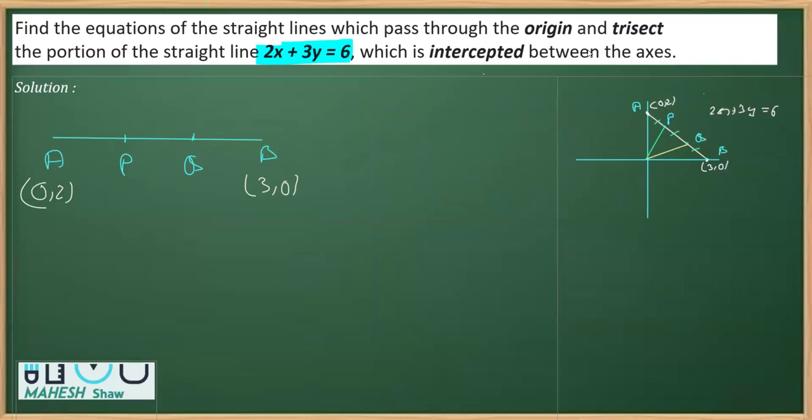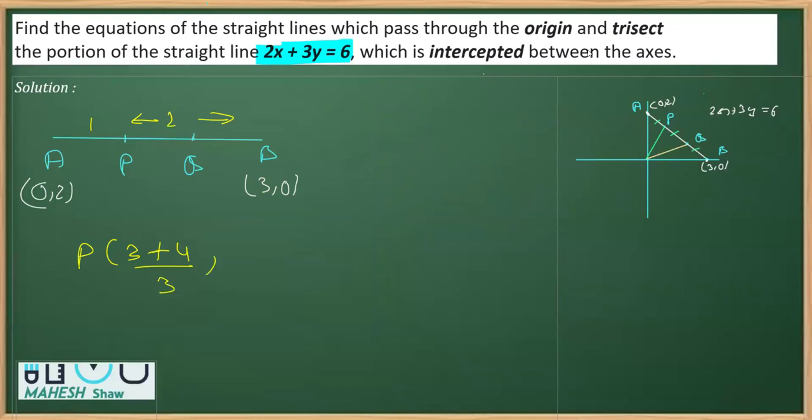Now we know that in this case, I can take the ratio as 1:2 with respect to P. Using the section formula, P is equal to m1 x2 plus m2 x1 over m1 plus m2.